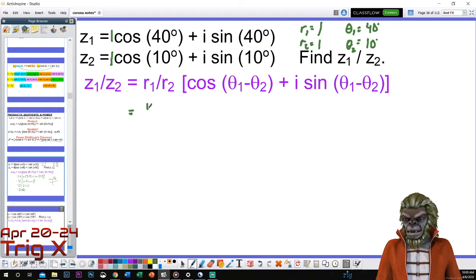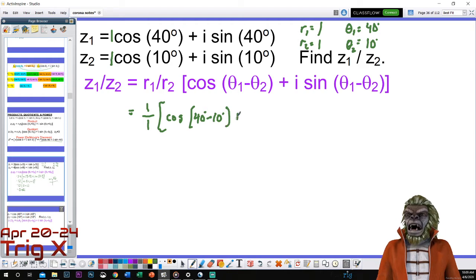Alright, now we're back. Hopefully you have 1 over 1 here because that's our r1 and r2. Then I have cosine of 40 minus 10 degrees plus i sine of the exact same thing. Okay, next I have 1 divided by 1 is 1.